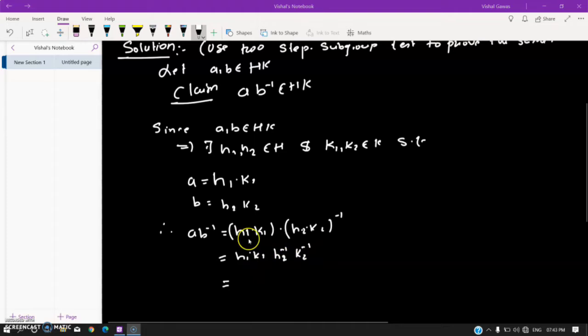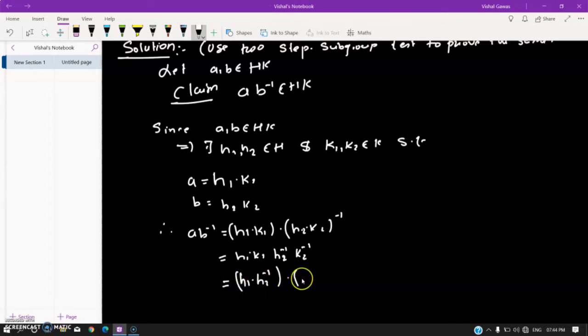So now, since G is abelian, and these elements are all in H and K, of course, as subgroups, I use the property that G is abelian and write this as H1 multiplied by H2 inverse, and this would be multiplied by K1 into K2 inverse.